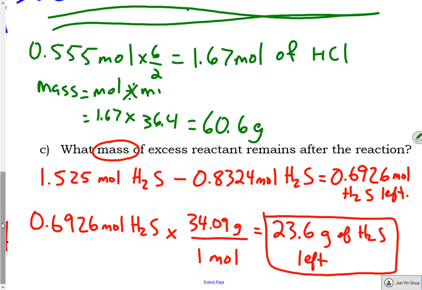So you just take what you found of 1.525, subtract it from what you need, and that'll leave you with the leftover. So I have this many moles of H2S left over, 0.6926 moles. And then all I did here is I just converted those moles into grams by multiplying by the molar mass. Okay, and that's all you do here.